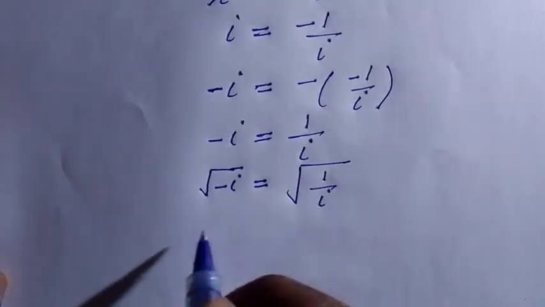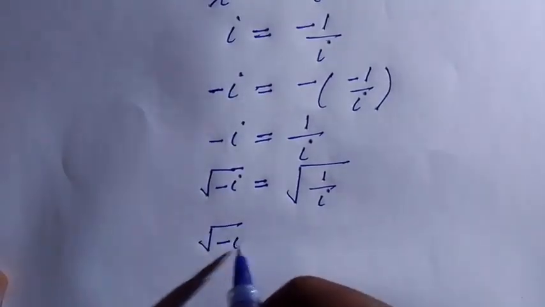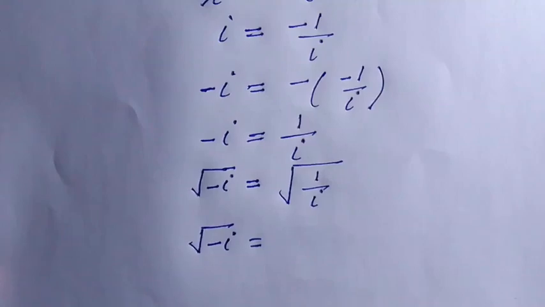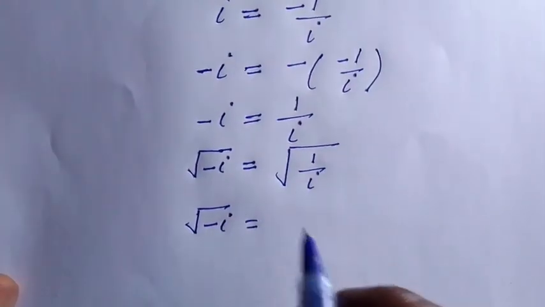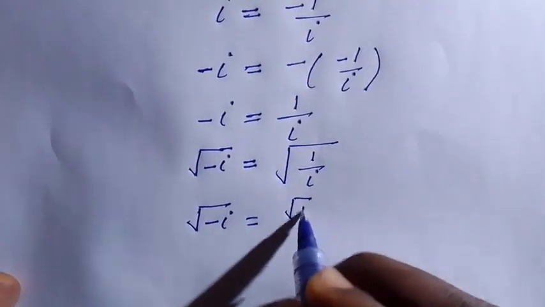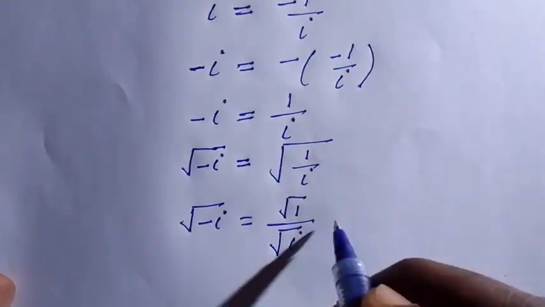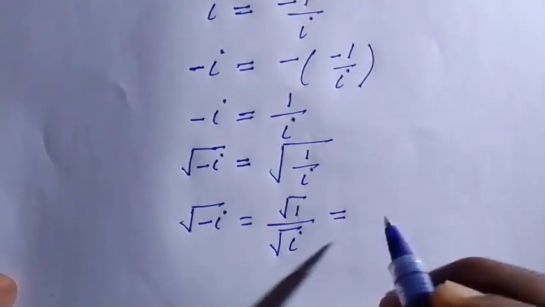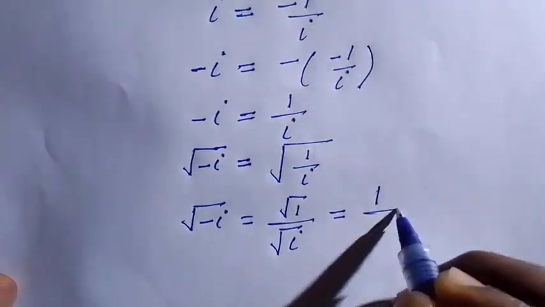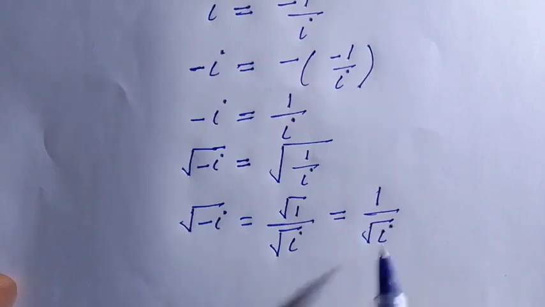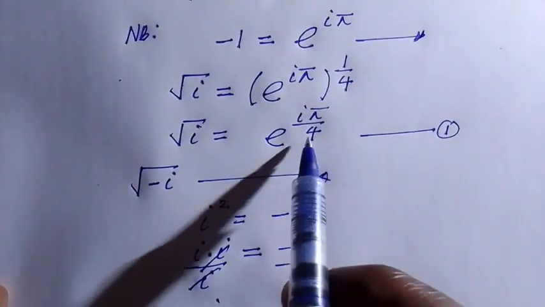Having this, we have root minus i equals, so we split this and we get root 1 divided by root i. For this root 1, we can consider it as 1 divided by the square root of i. But this square root of i has been gotten already, which is given as e to the power of i pi divided by 4.